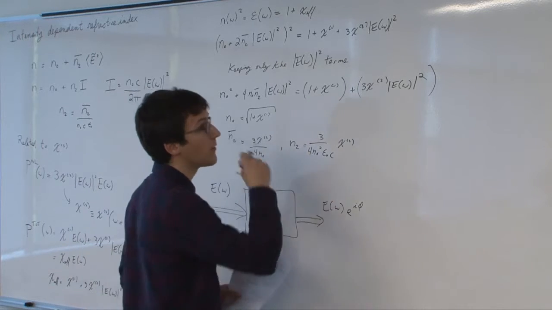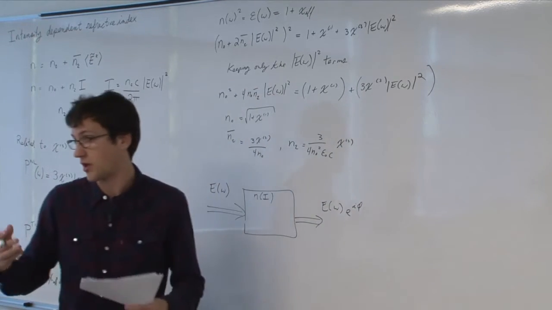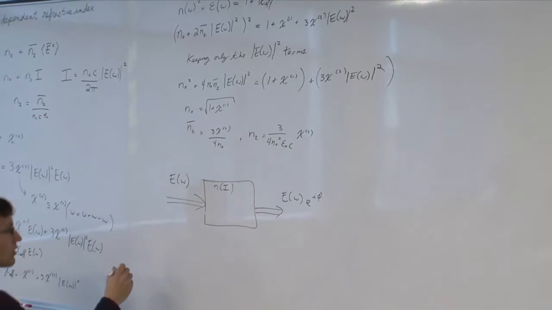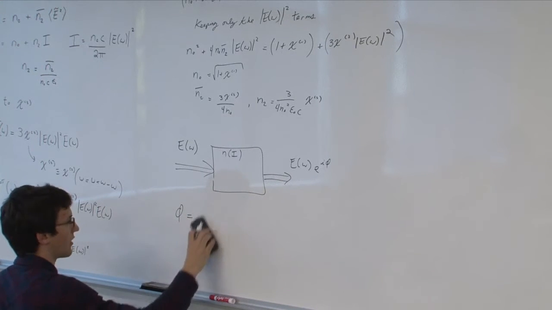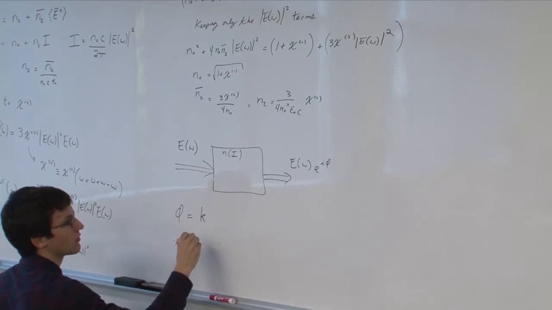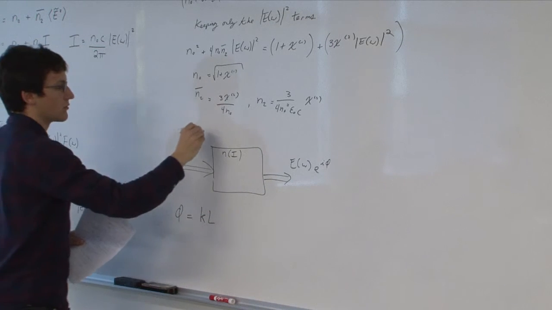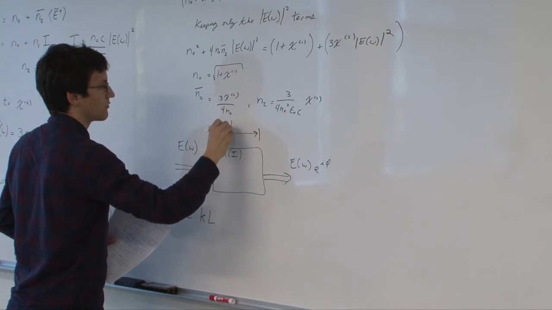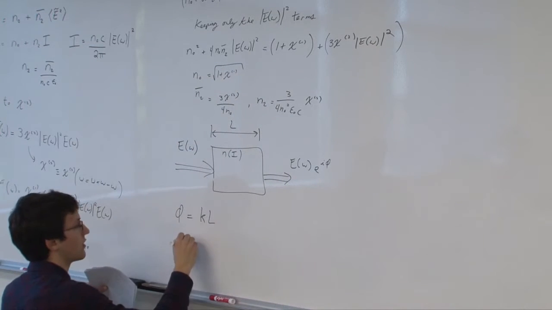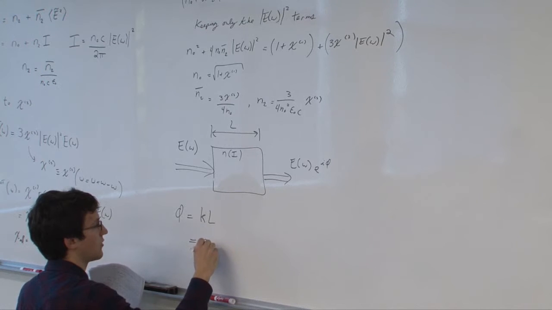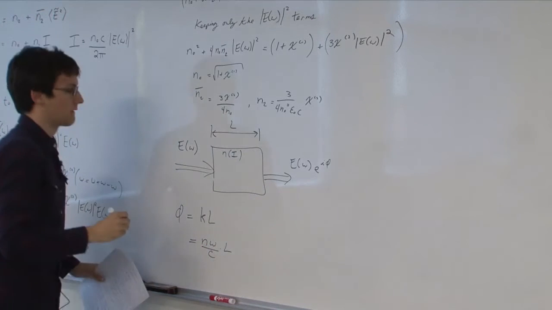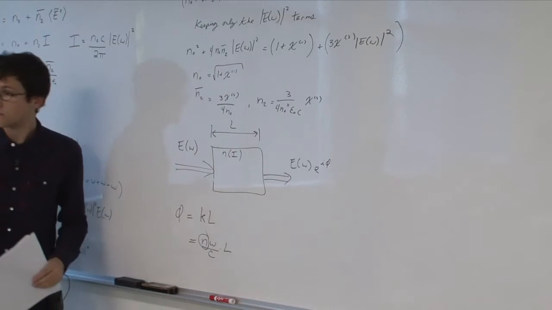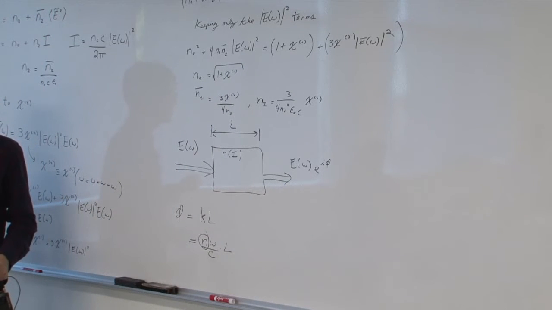So in general, the phase acquired by an optical field in a medium is given by, and you write, phi is equal to... there are countless ways to write that. You can write it as the wave vector times the length of the medium. Right? And so k is n, the refractive index, times omega over c, times L. So you recover the n basically, right?